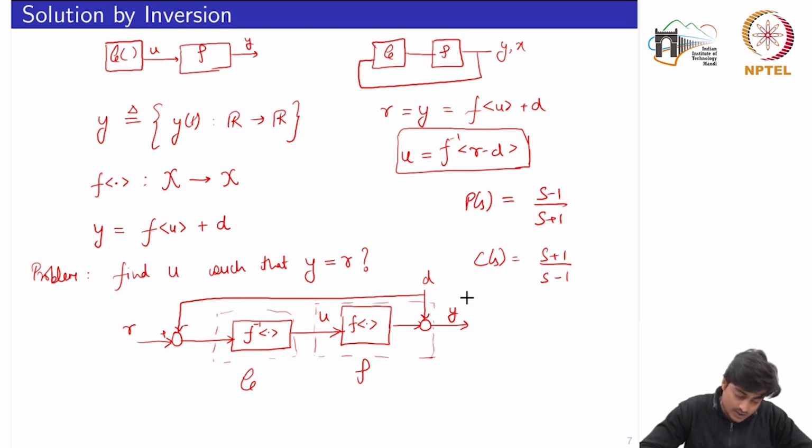Because of these two major reasons, we generally do not prefer to use the open loop control strategy, although it has been in practice in many industrial processes as well. This is what we call the solution by inversion. Now from here we are going to motivate why we need the feedback.